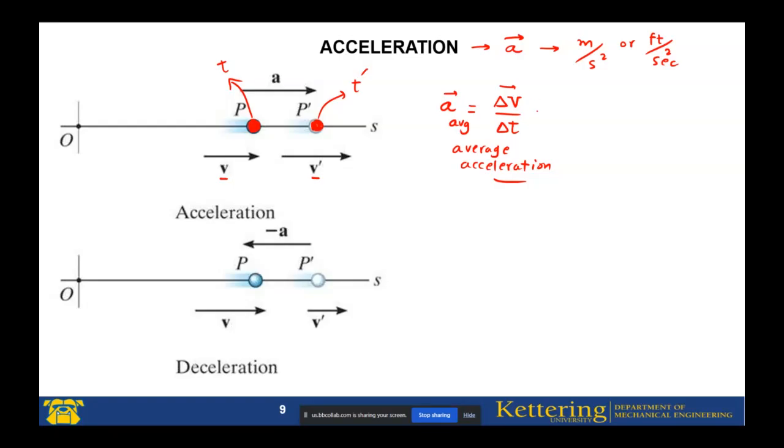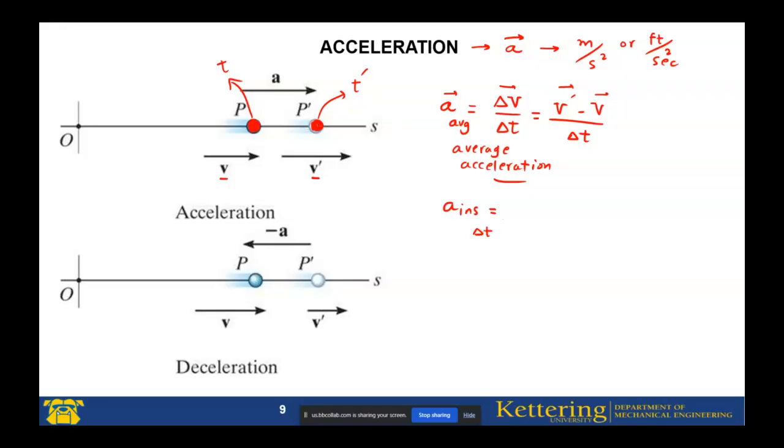Or this is v prime minus v divided by delta t. Same as what you learned about the instantaneous velocity, we can also find the instantaneous acceleration. How?